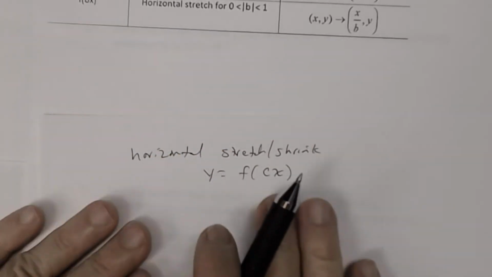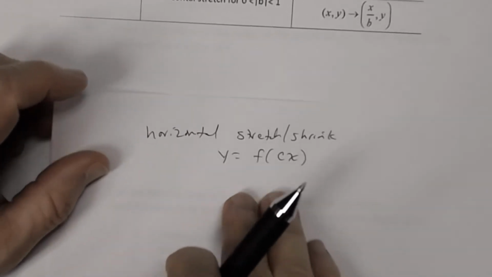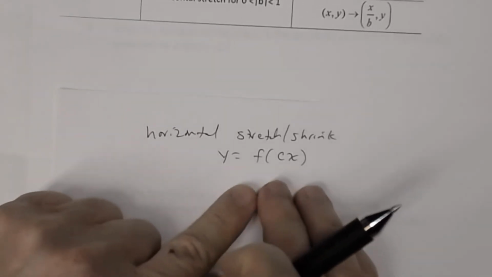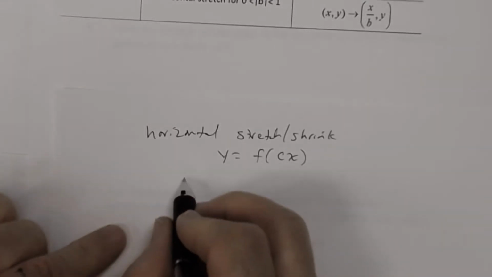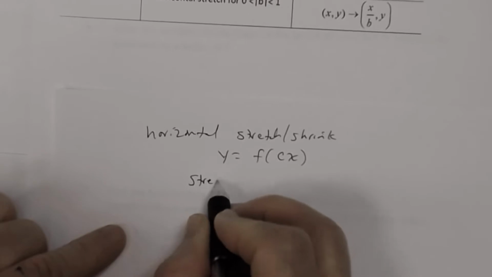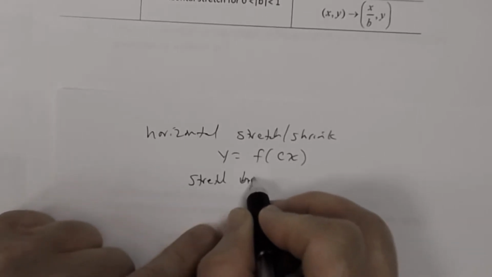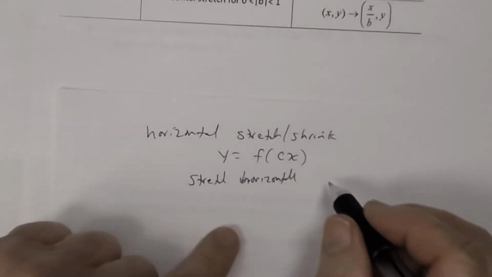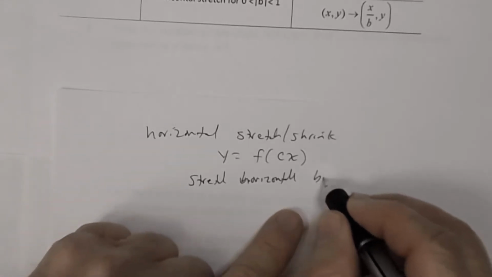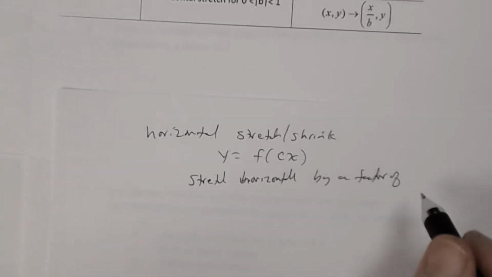When we did this, remember our discussion; we need to go back and review that lesson. But when we did this, we said we stretch horizontally by a factor of, and this is where you have to be careful.